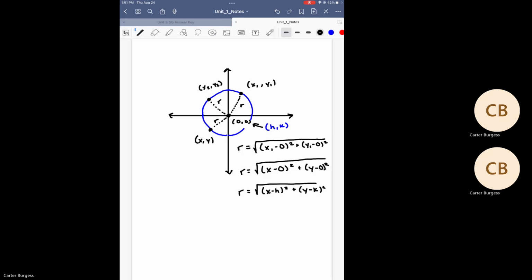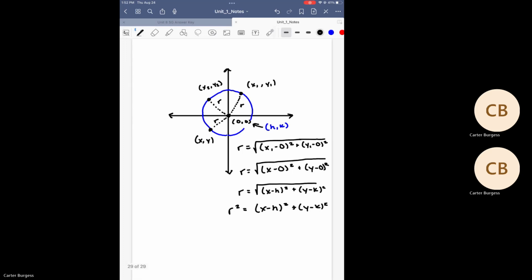This is totally fine. I think this formula does a really good job of highlighting that it comes from the distance formula. But more often than not, the way that you're going to see this written is that r squared is equal to x minus h squared plus y minus k squared, which is fine. It's serviceable. It does its job.